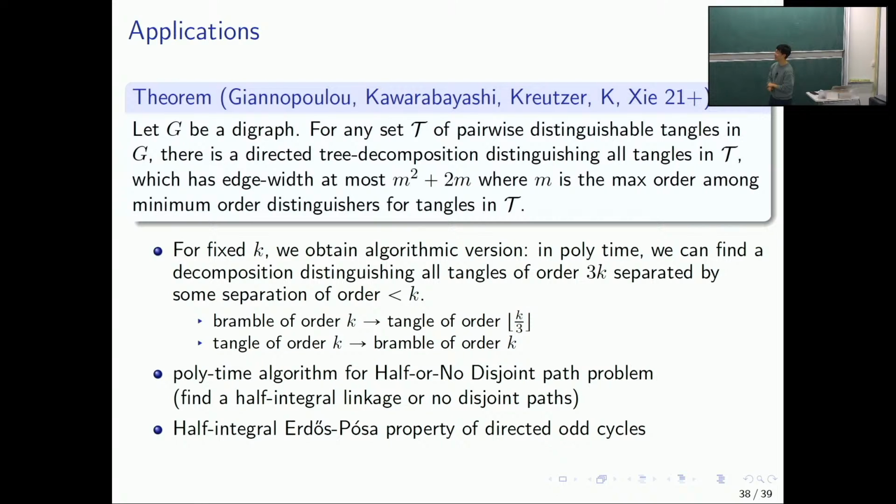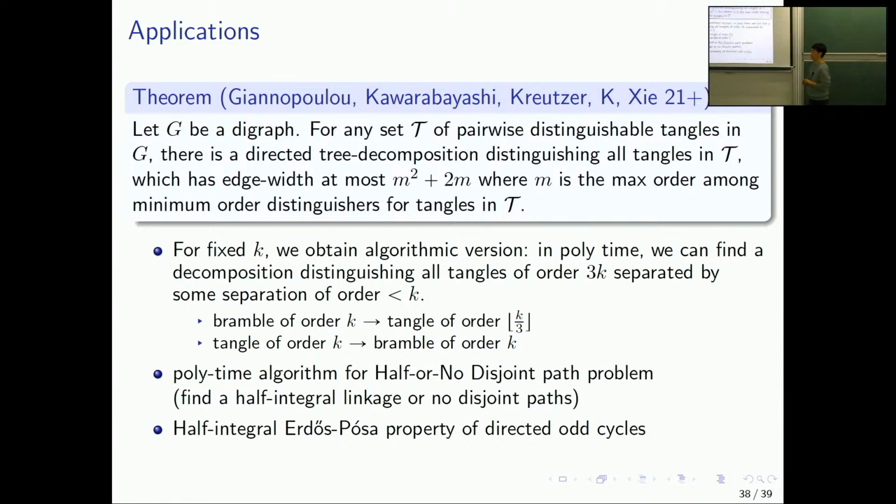But actually, the version by Robertson and Seymour and the version by the Dortmund group, the meaning of canonical is slightly different, because it's not preserved by automorphism for the Robertson and Seymour version, but the Dortmund group extended this result by adding canonicality. And here, I don't think so, because even with this m squared plus 2m, you put some arbitrary vertices and so on. So I think you don't have that property.